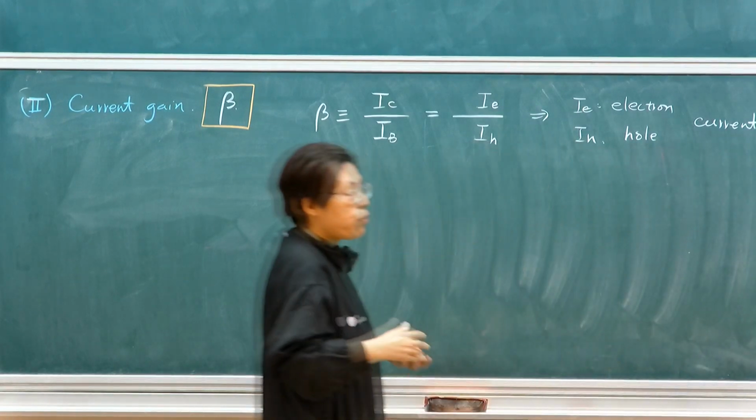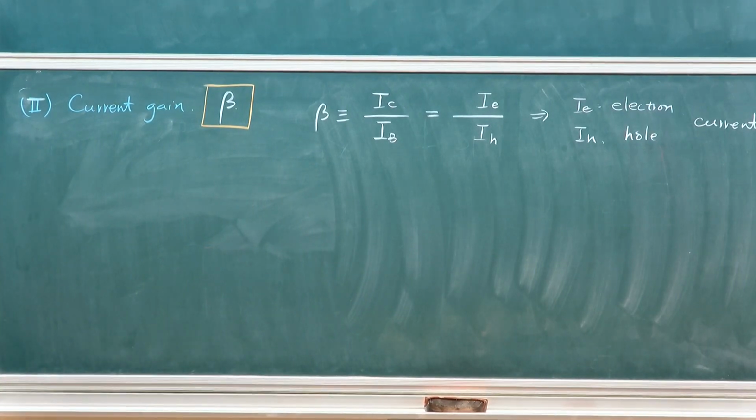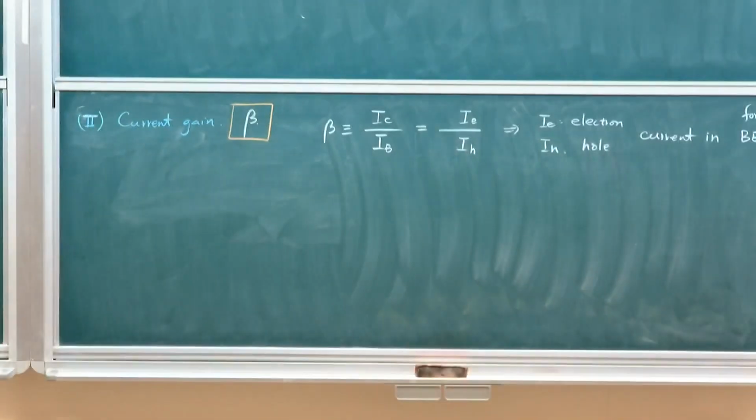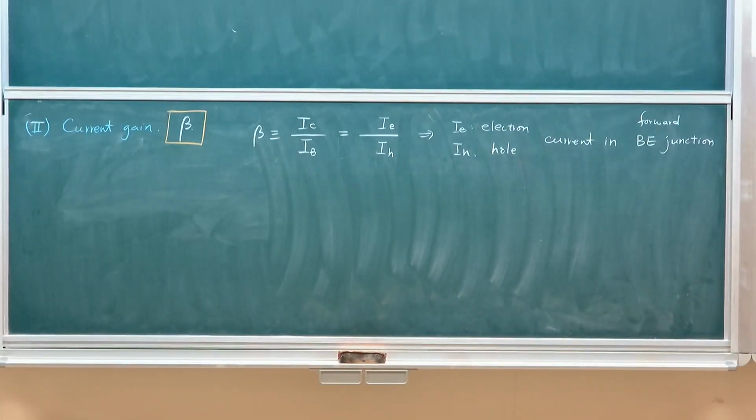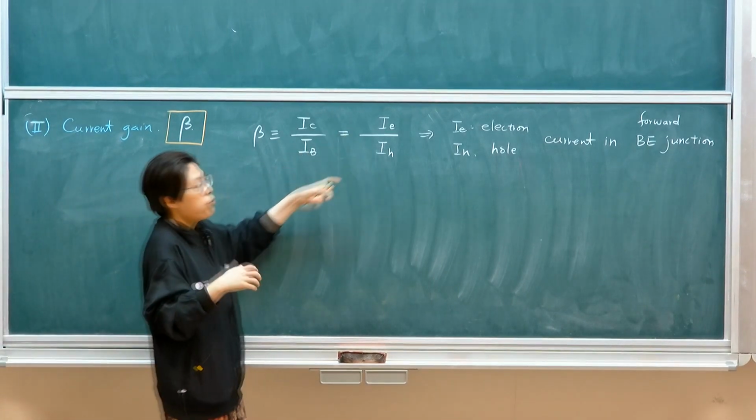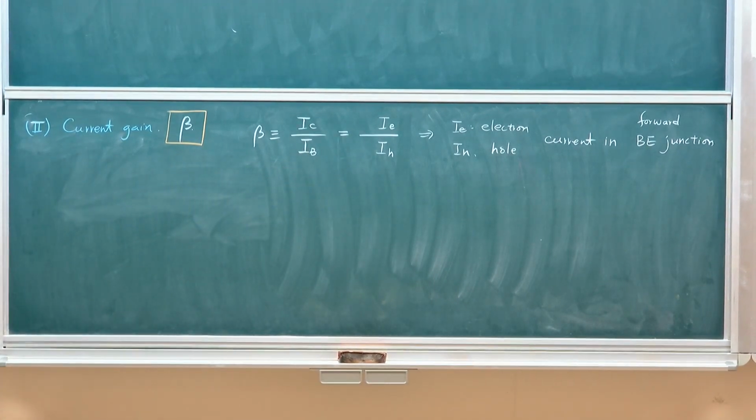So this is the same as when you forward-bias a PN junction: you take out the electron part and the hole part. The total will be your emitter current, the total diode current, which is actually the emitter current. We'll talk about that a little bit. But then you separate the two. The collector current will be sucked up by the electron current. The electron diffusion current will be sucked up by the collector. Therefore, the ratio between the two is simply the electron to hole current ratio in a forward-biased PN junction, which is the BE junction.